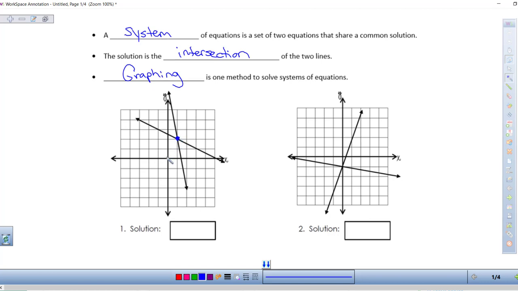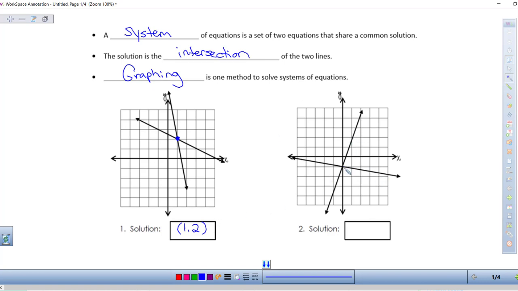So this point, remember when we write an ordered pair, we put x comma y. So the x value of this point is 1, and the y value is 2. I go over 1, up 2. So 1 is my x value and 2 is my y value. So our solution is the point (1, 2).